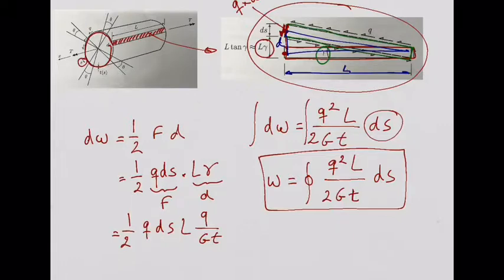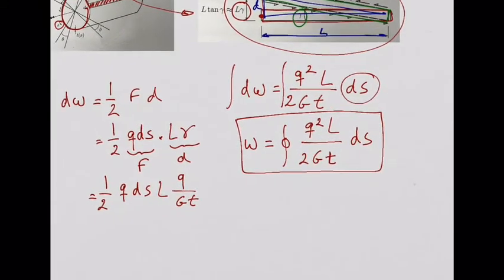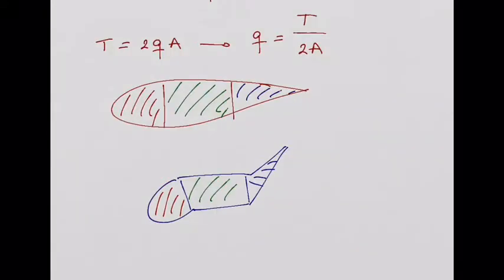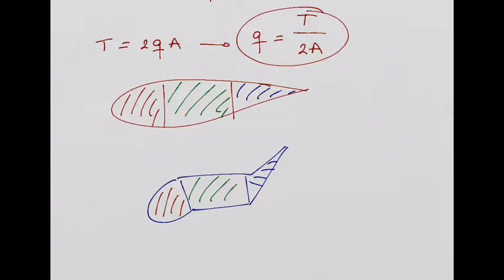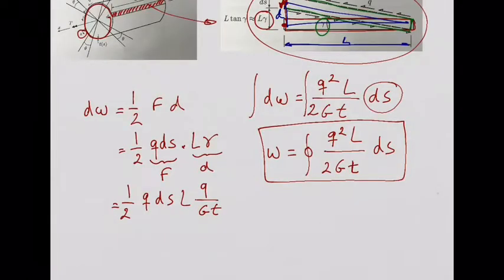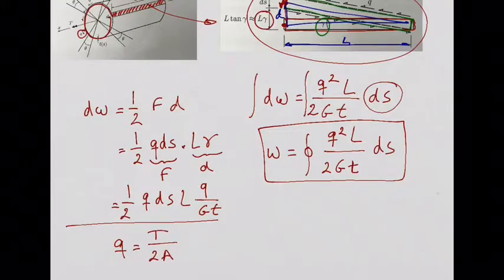In fact, there's something more we also can do, which is we can use this expression here, which relates the torque in torsion with the shear flow, Q. And we can replace in this equation. So basically what I'm saying is you have this expression that relates the torque with the shear flow.